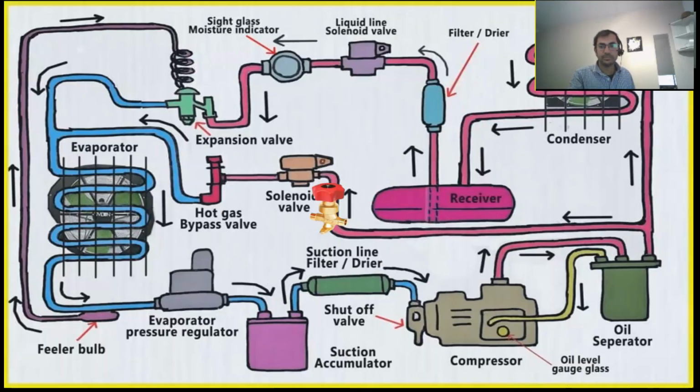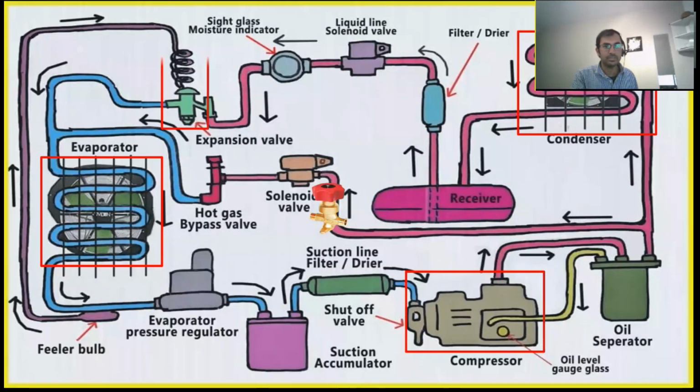Now if you see this diagram, it looks a little complex but it's very simple. This is basically our evaporator, this is the compressor, this is the condenser, and this is the expansion valve. Now here is the pressure regulator, the evaporator pressure regulator, which we have discussed, and this is the suction accumulator.